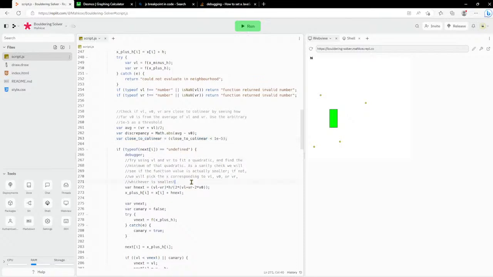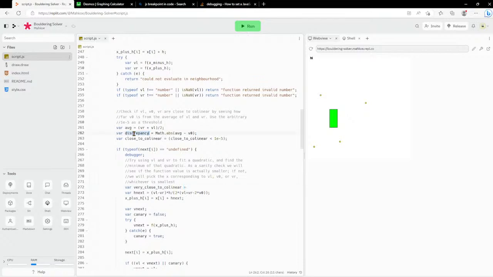Okay, so now we will do our very close to collinear is equal to discrepancy is less than 1e minus 7.